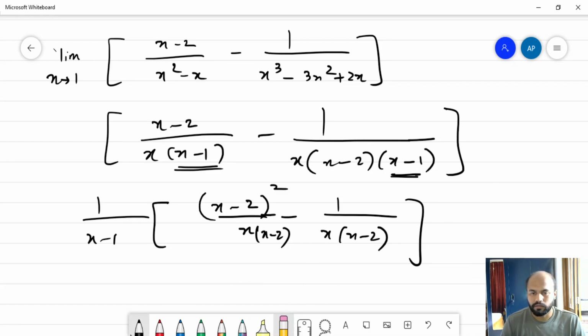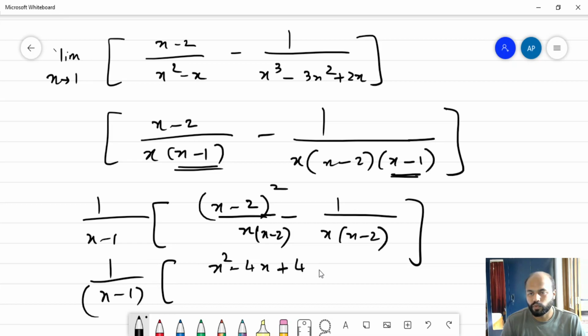Now once this is done, we know that we have to evaluate the numerator. The numerator would come out as x squared minus 4x plus 4 minus 1, divided by x into (x minus 2). Let's write it the way it is.